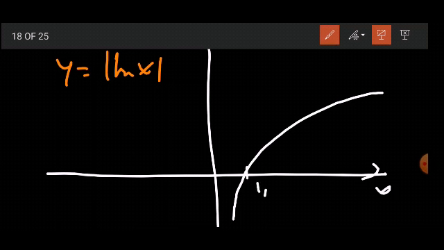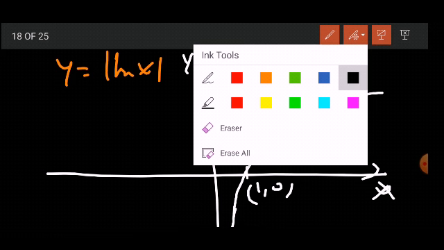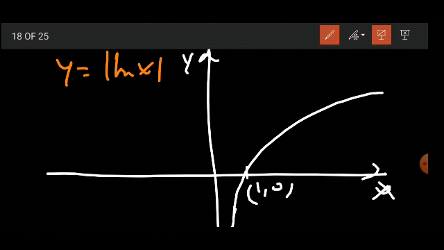Okay, this is 1, 0. This is the y-axis, and this is the x-axis. The graph approaches negative infinity towards the negative y-axis, as x tends to 0 from the right limit. So if you take the mirror image with respect to the x-axis, for y equal to mod ln x, the entire negative region graph comes like this.